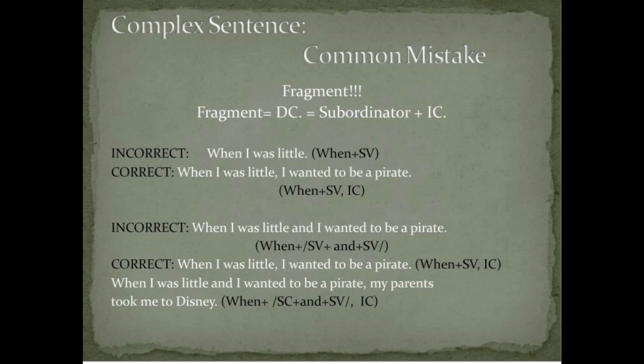But "when" belongs to two ICs, and it's still one dependent clause. Here is how you can correct this sentence. When I was little, comma, I wanted to be a pirate. Or, when I was little and I wanted to be a pirate, comma, my parents took me to Disney.